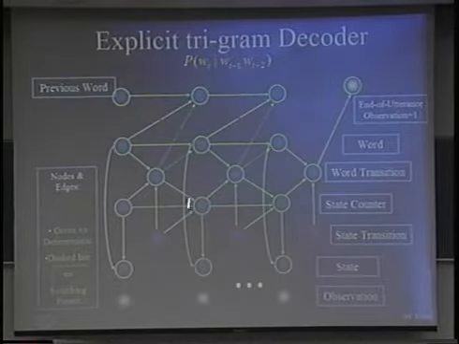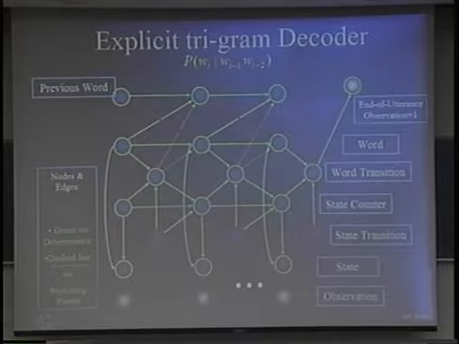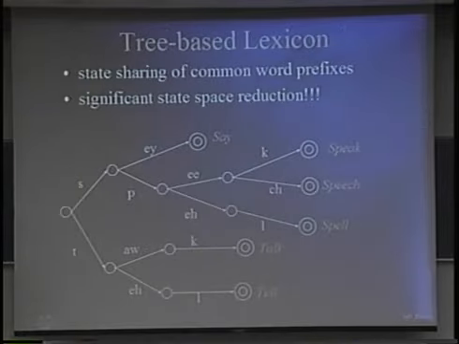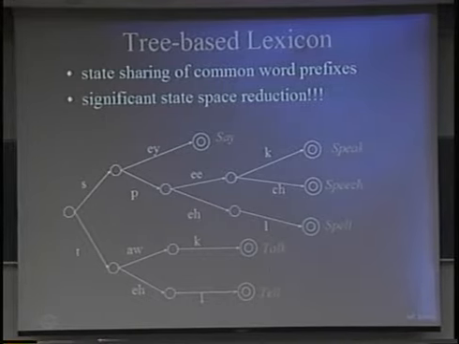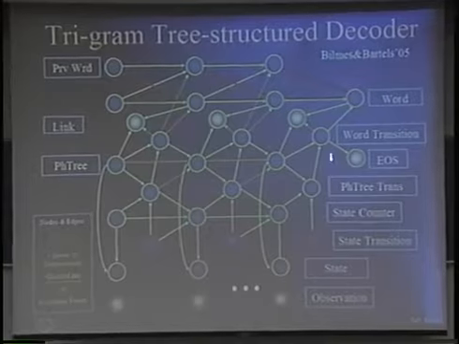Here's another one. The idea of these graphs is that you can represent pretty much any construct you want in a speech recognition system, whether it's a bigram or a trigram language model. One that we've recently been experimenting with is the idea of using a graph to represent a tree-based lexicon, where you essentially share prefixes of words. And it's only by getting to the end state of some tree that you say, okay, I'm hypothesizing a given word as being spoken. And this is actually represented in this graph.